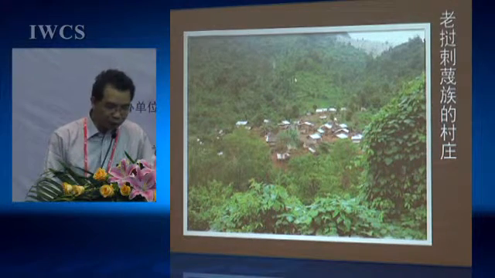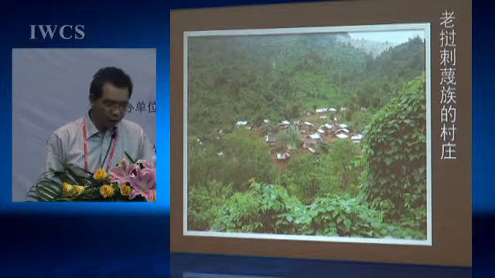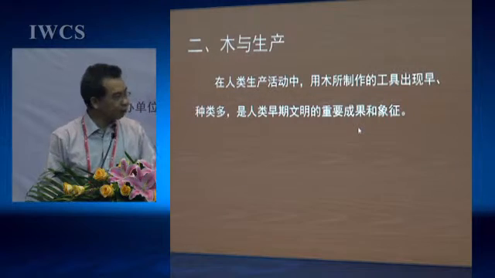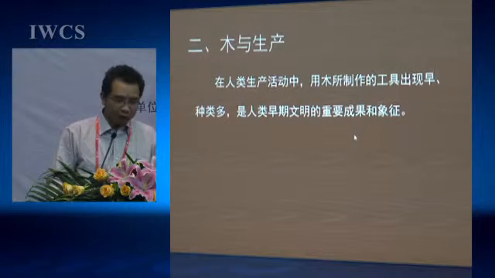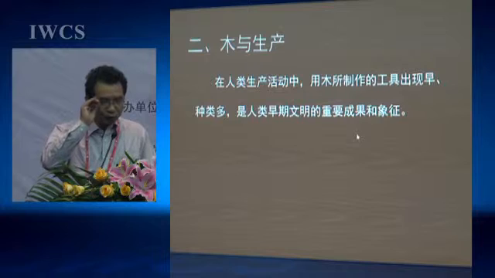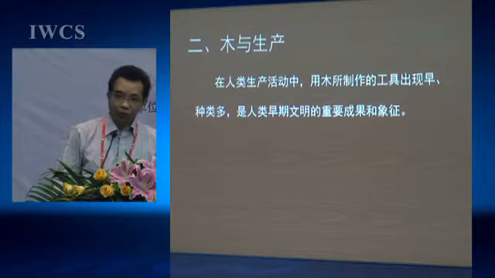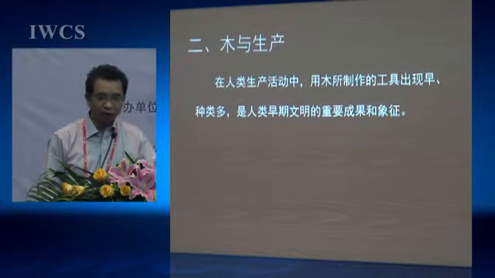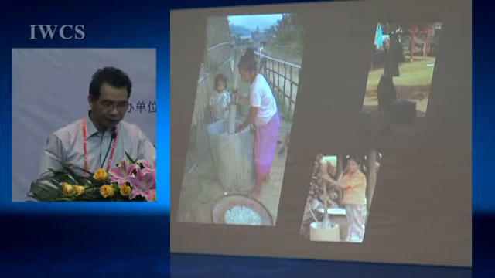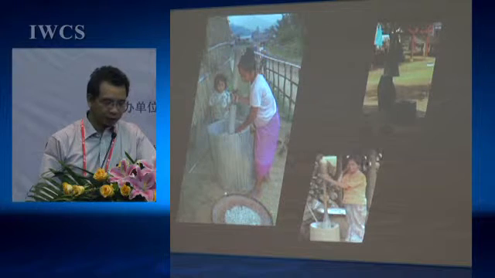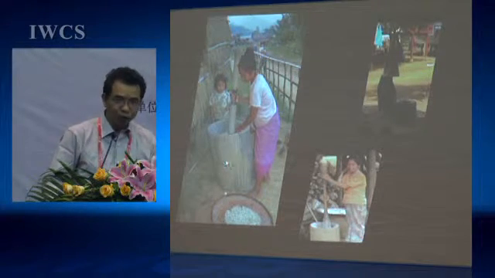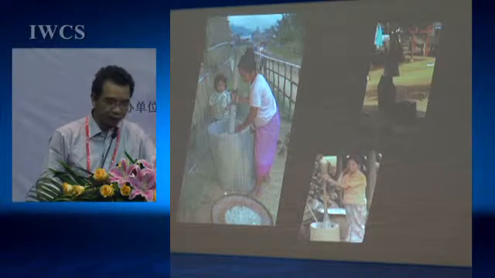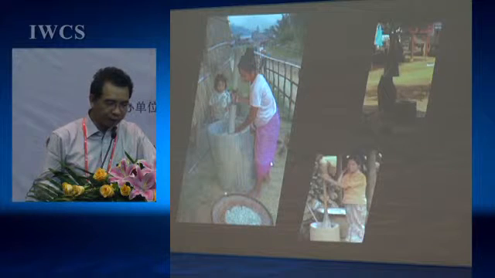This is the Lamit nationality of Laos. A whole village is made of wood, surrounded by trees and bamboos. You see here the relationship between wood and timber, production, and human beings. In the early stage, wood or wooden tools were a significant result and a symbol of people's early stage of civilization.